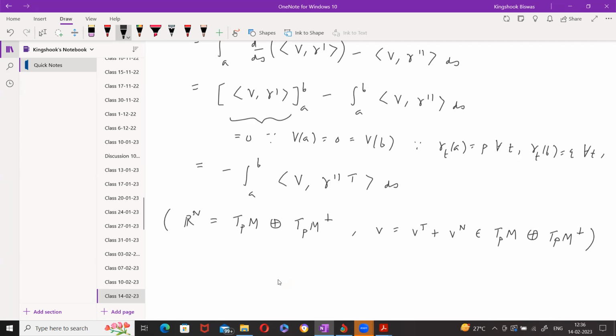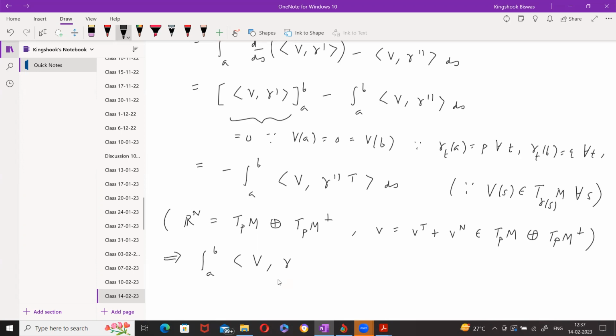Yes, sir. So what does this mean? This implies that the integral A to B of the inner product of V. So this last part is because V of S belongs to T gamma S of M for all S. So therefore I can replace gamma double prime by its tangential component.